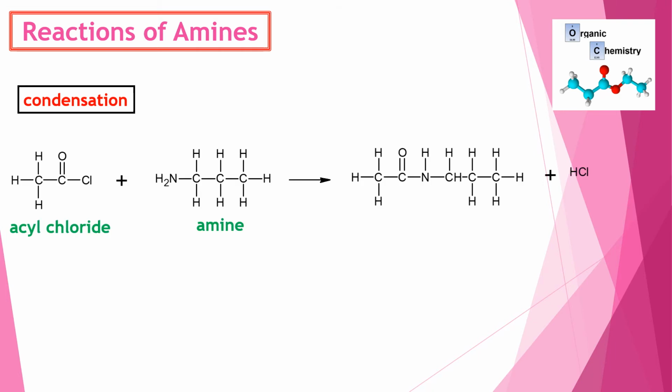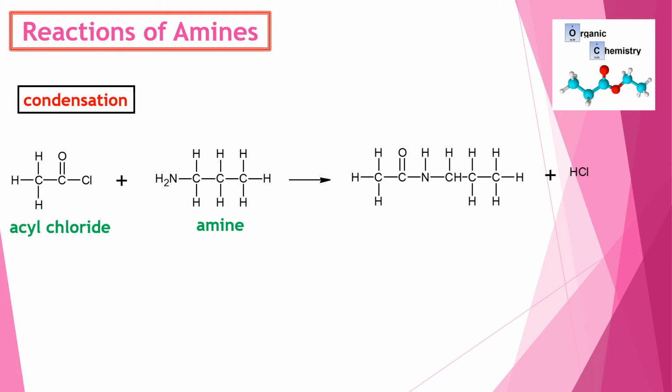Okay, so amines also undergo a specific type of reaction called a condensation reaction. If we place an amine in the presence of an acyl chloride, if we just mix them, they will react, because acyl chlorides react vigorously with almost anything you add to them.